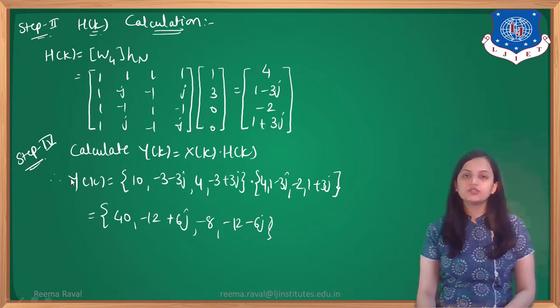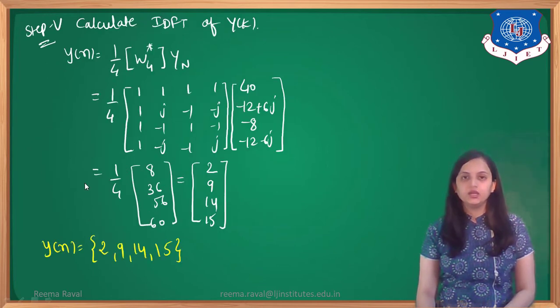Now the last step is to find the IDFT of this y of k to get the circular convolution y of n. So here we are using n equals 4. We will use the conjugate matrix for IDFT and will multiply it with y of k. So by placing these values, we will get the matrix multiplication output as 8, 36, 56 and 60.